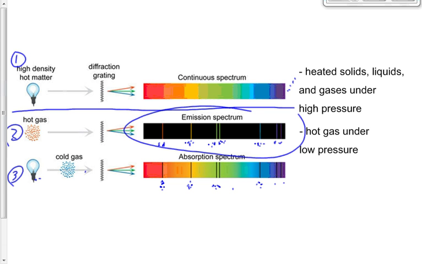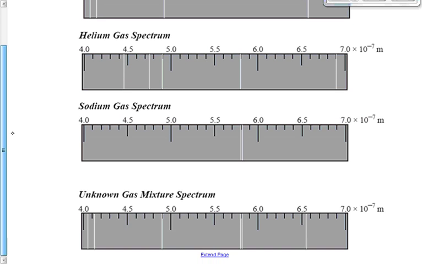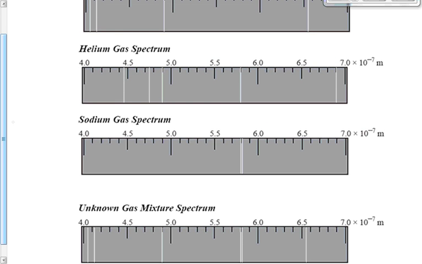Real quickly here, you don't need to write this down either because I'll copy it for you. We see three spectra here: hydrogen, helium, and sodium. Here's our unknown gas mixture. What's present in it? What do we know is present in this unknown gas mixture based on the three known spectra that we have above there? Yep. We know hydrogen is in it. How do you know that?